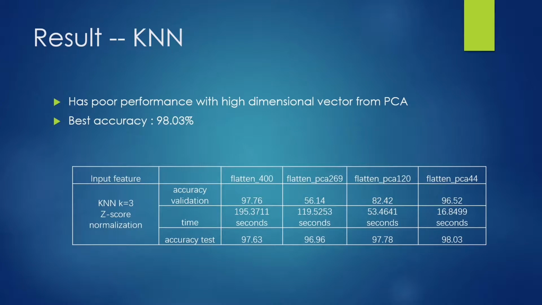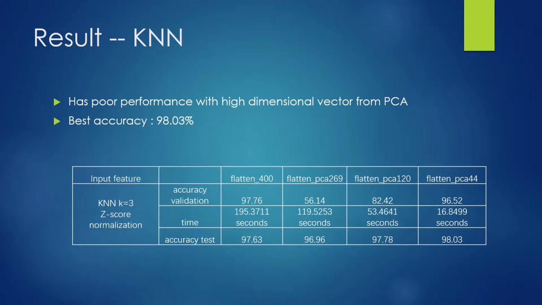And I set the KNN parameter k value to 3 and normalized by z-score, and you can see the testing accuracy is about 97%. The highest is achieved at the input feature with 44 dimension vectors, which is operated by PCA.